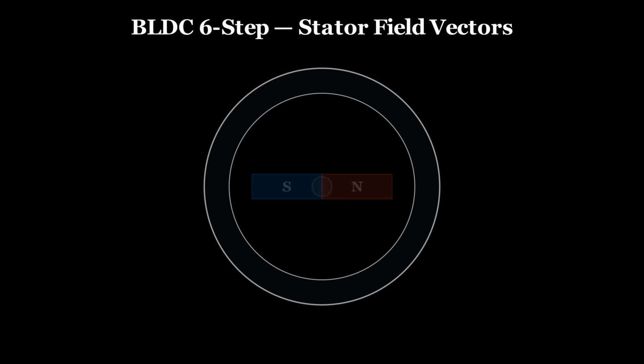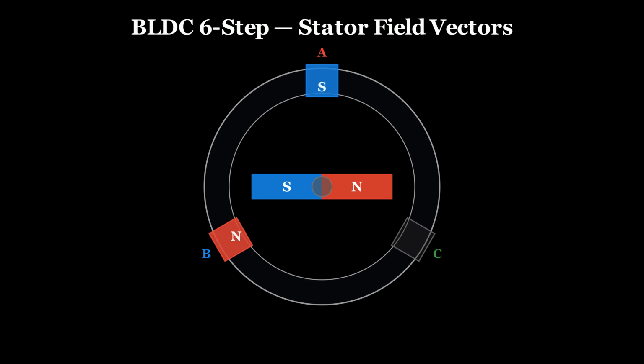Next, let's take a look at the 6-step control of a BLDC motor. With the rotor in this position, we'll apply current to the stator to create an electromagnet. Then, we can represent the magnetic flux vectors for phase A and phase B like this. The resultant flux vector is shown here in yellow.